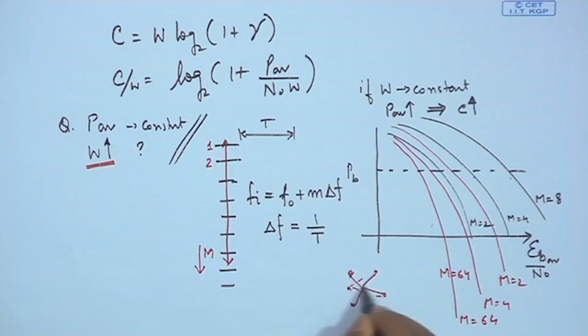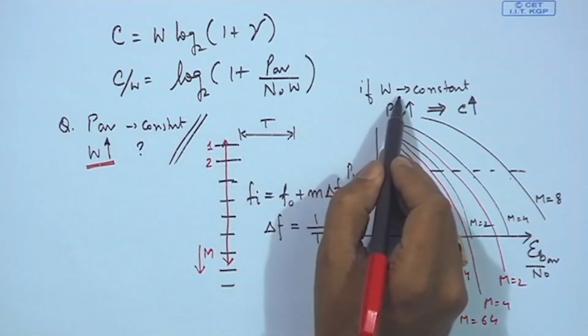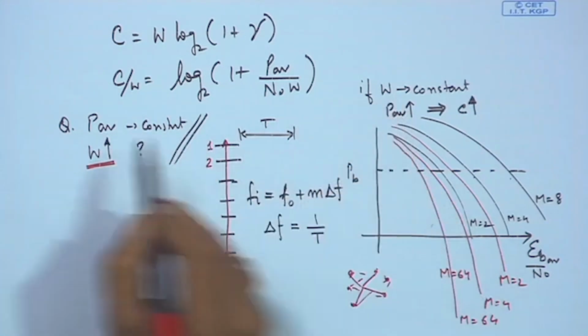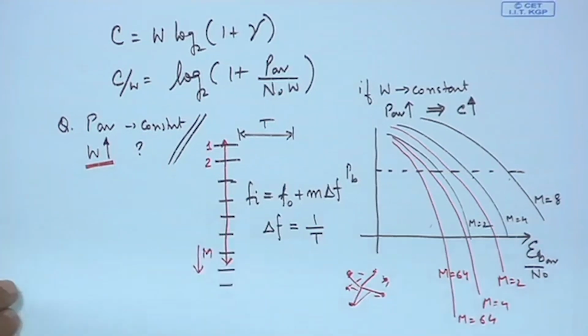If you remember, we drew this kind of imaginative figure indicating that all the signals are equidistant from each other. So, what would be the impact on PAV? In the previous discussion we kept W constant and we increased PAV. In this discussion we would like to keep PAV constant and increase W.